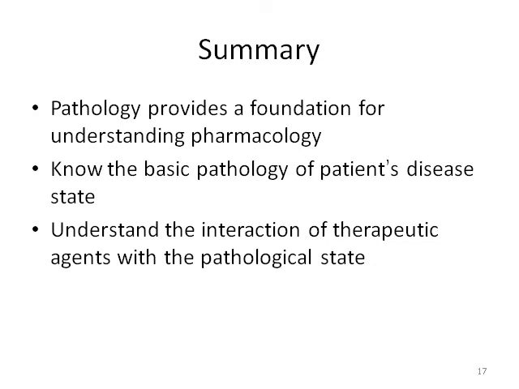We also need to know the basic pathology of the patient's disease state. We need to understand the interaction of the therapeutic agents with the pathological state. That also is going to be an issue that has to come into play. So these are all things that are very important for us to be aware of, simply from a standpoint of choosing the right drug and predicting the effects that we're going to see.